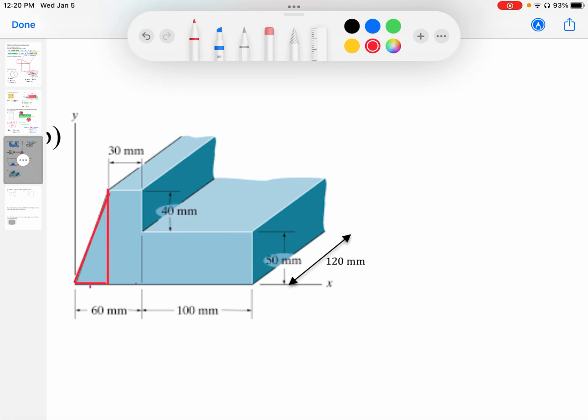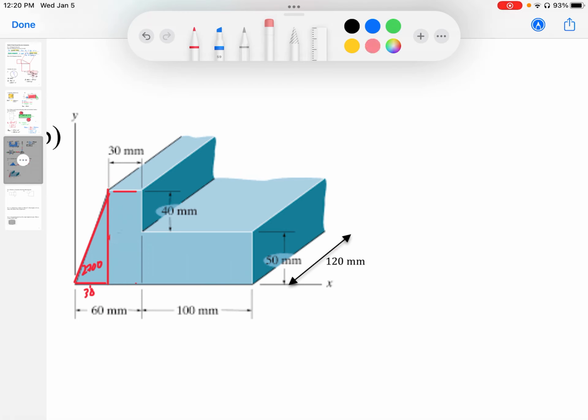That triangle has a width of 30, okay, because it's 30 this way, and 60 all the way to that edge, and it's going to have a total height of 90. Okay, so 30 times 90 is going to give me 2,700 millimeters squared of area. Okay, so that's going to be that part there.